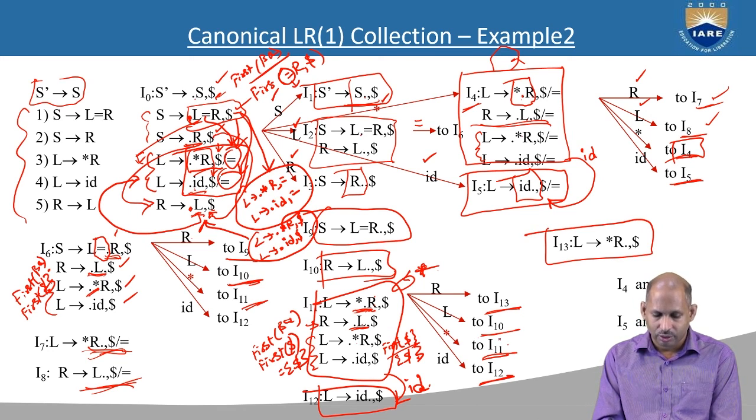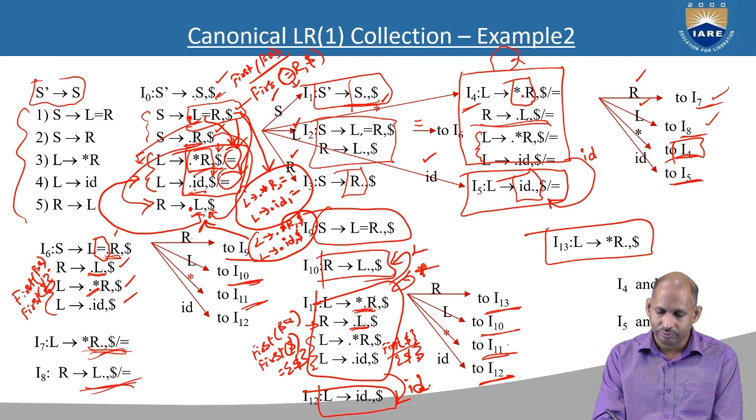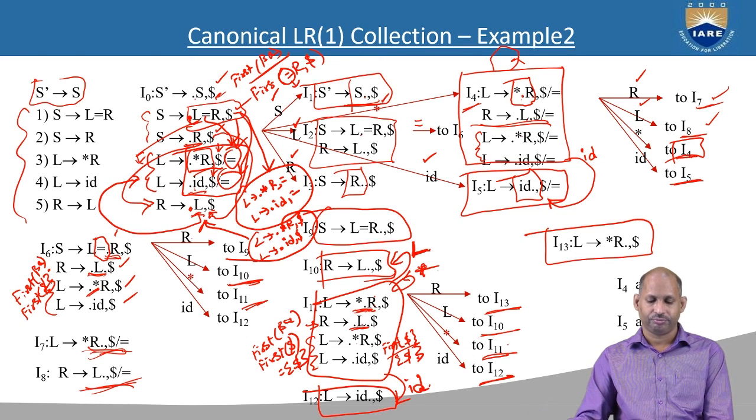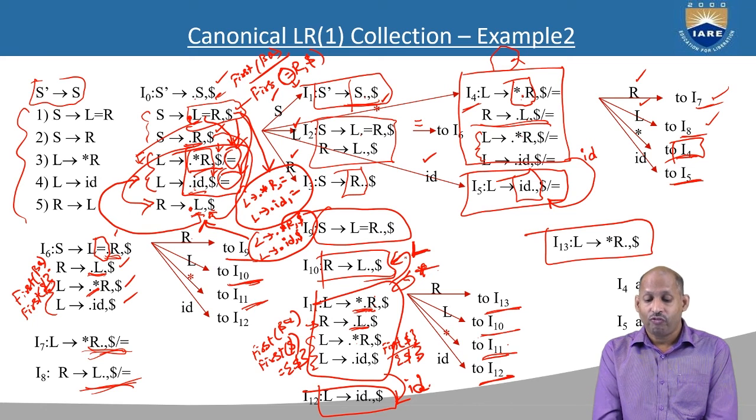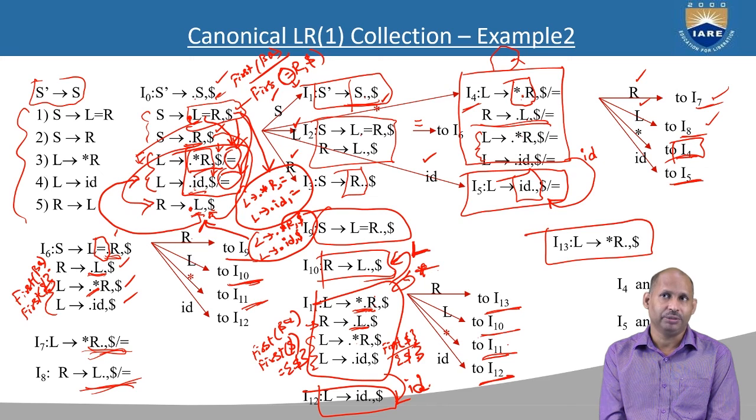On L, it goes to I10. Right? So finally, all the productions end with a dot. So that is the completion of the construction of the groups in this DFA of the grammar.